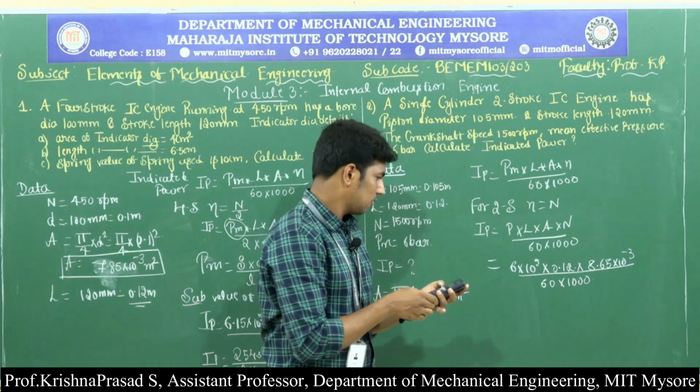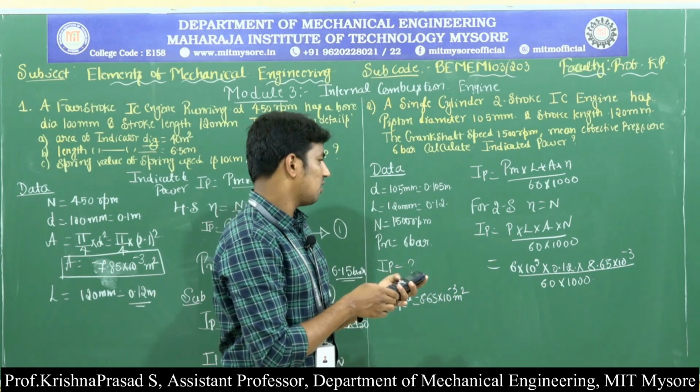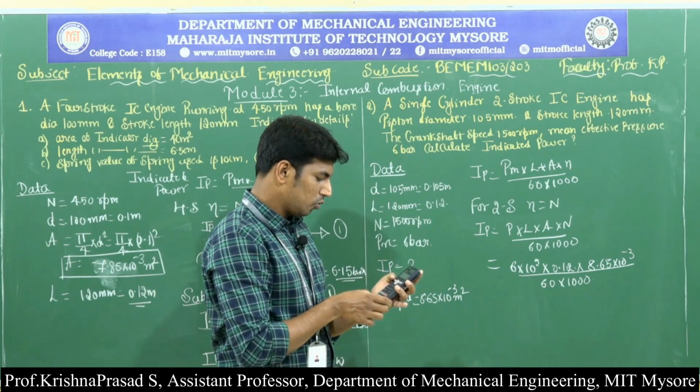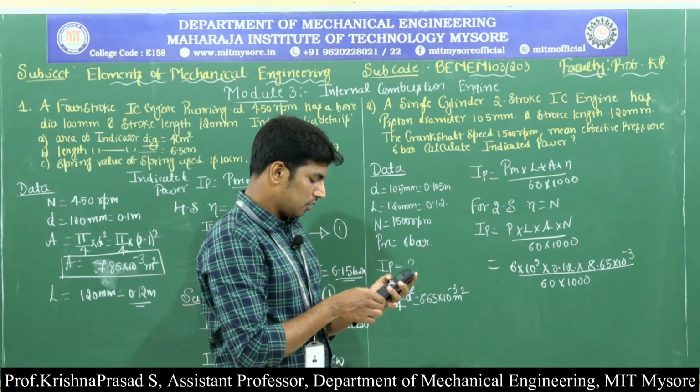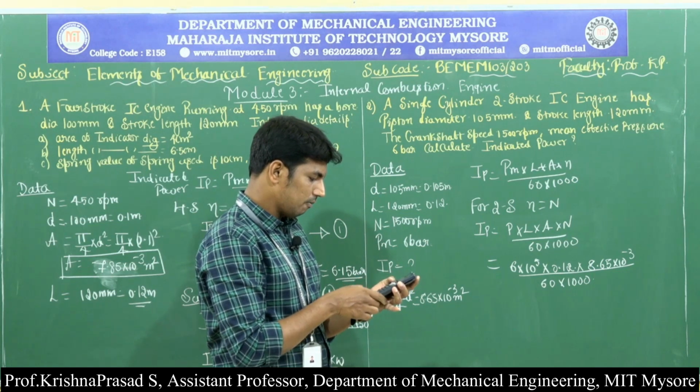Okay, that is 8.65 into 10 to the power of minus 3 into 0.12 into 6 into 10 to the power of 5.